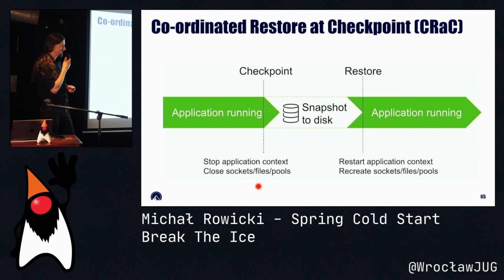We need to replace them with something like null, because if someone gets the memory snapshot, they will get access to our data. And on restore, just after loading our snapshot, we need to recreate those.